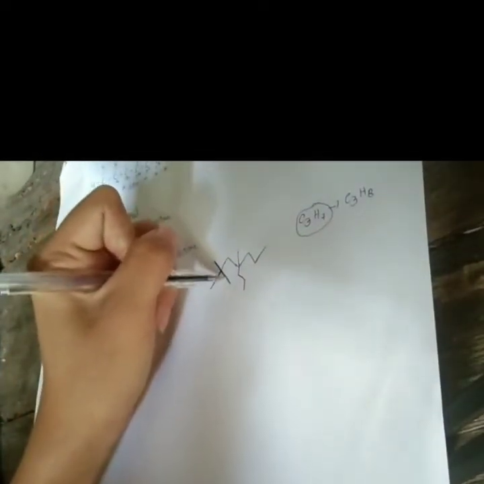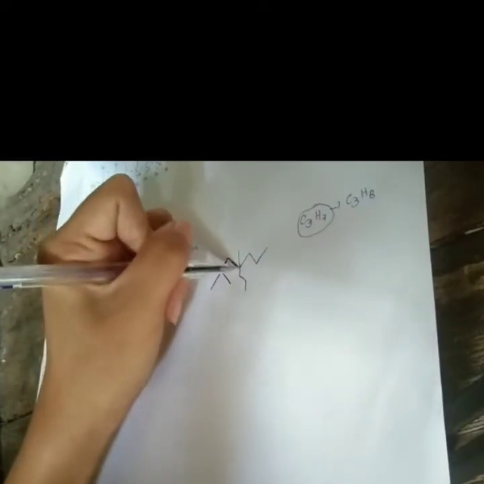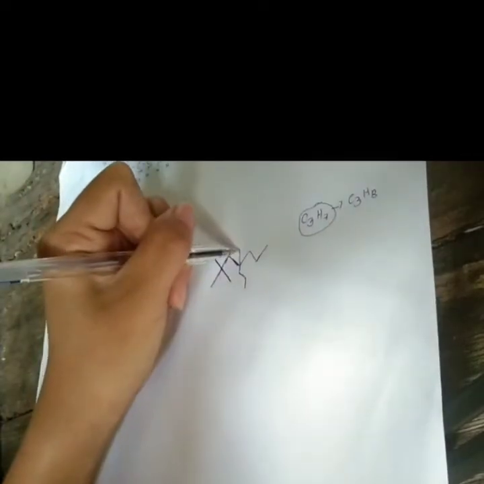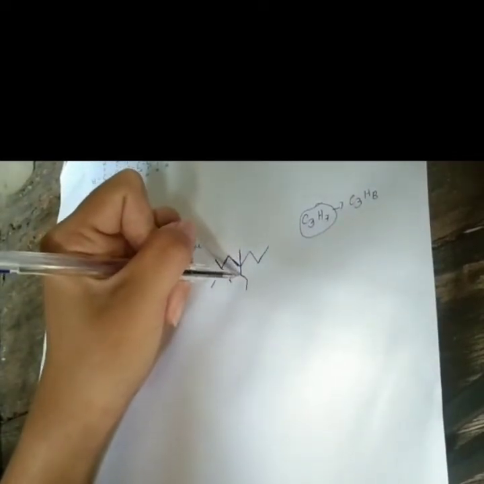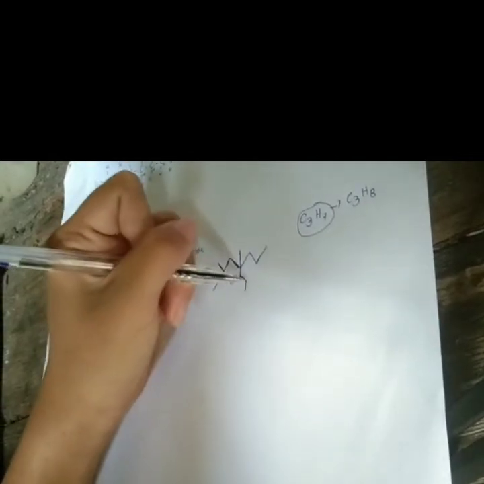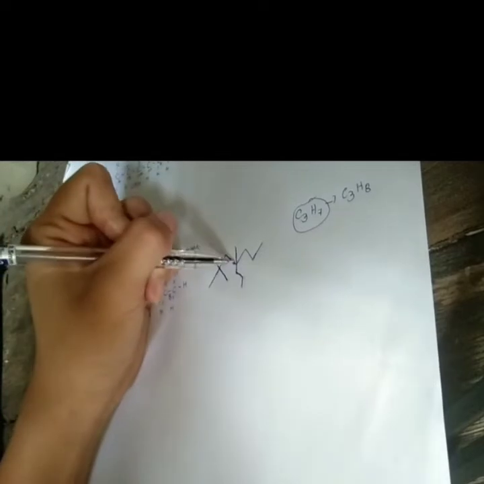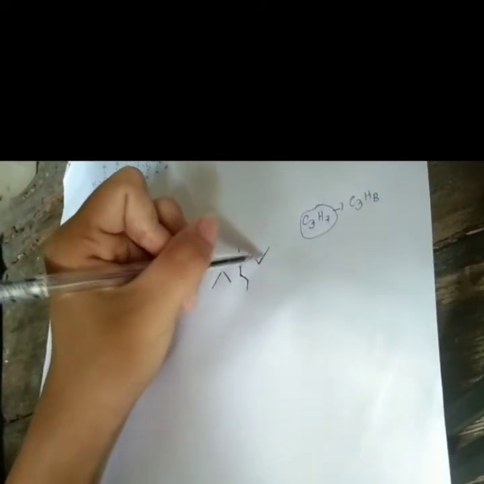Here 3, 4. So in 4 there is propane. So this is propane because it says 3 carbons. 1, 2, 3, and then 4, 5, 6, 7.